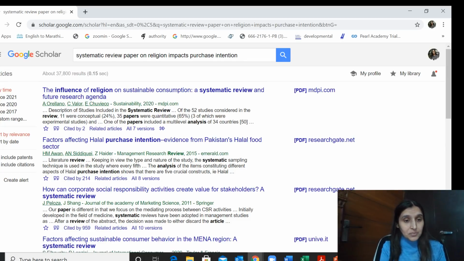There is a paper on factors affecting halal purchase intention where religion is a part of it. But a systematic literature review paper only on religion and the purchase intention of a normal commodity, say, which is not sustainable, such a paper I cannot see as of now. So there is a gap, and I can start this topic for my domain.